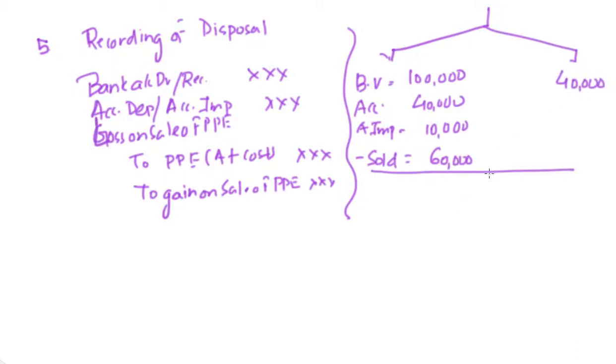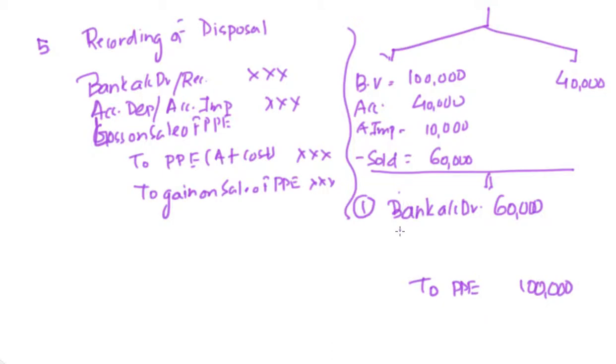Now in respect of these two, the entry will look like this. Under scenario 1, we are going to collect 60,000 rupees or $60,000. Suppose we collected the amount. Bank account debited 60,000 to PPE cost. The cost of the asset was $100,000. And in respect of that, the accumulated depreciation was 40,000.